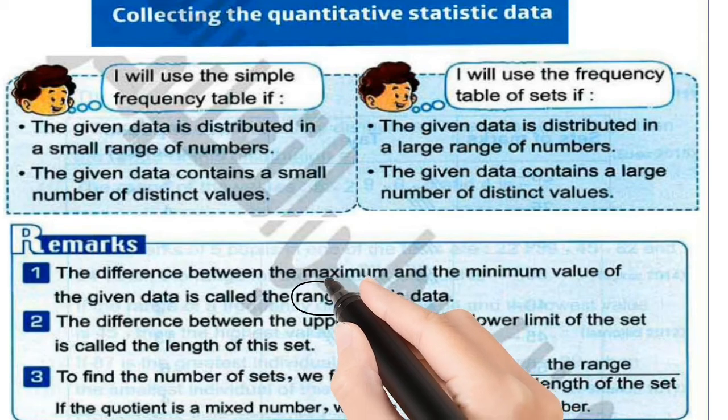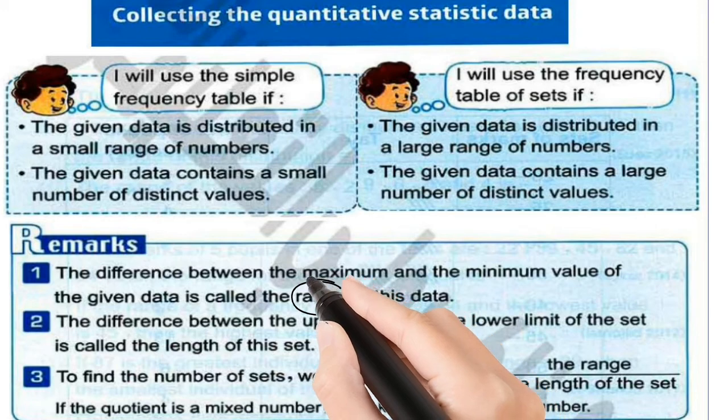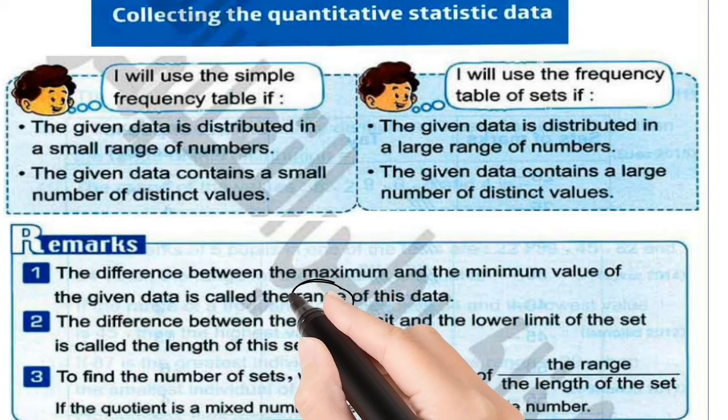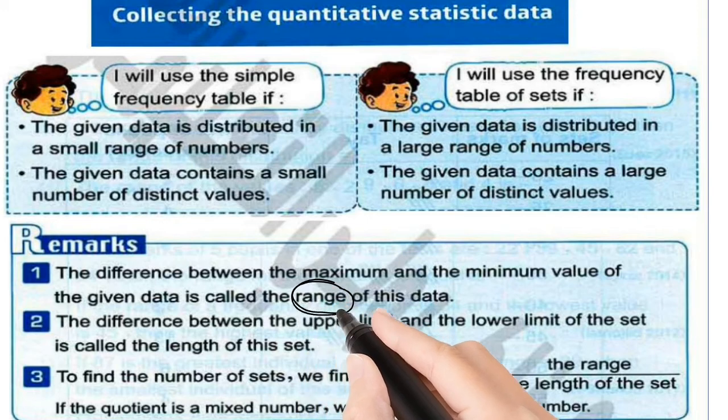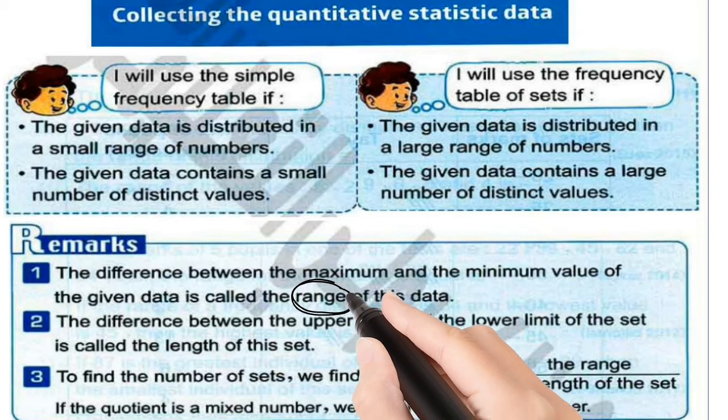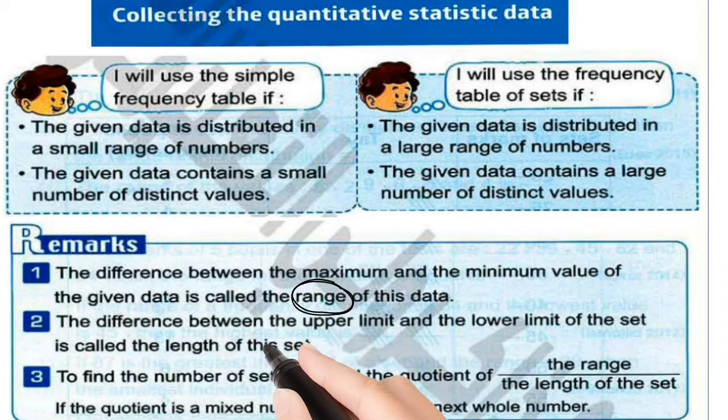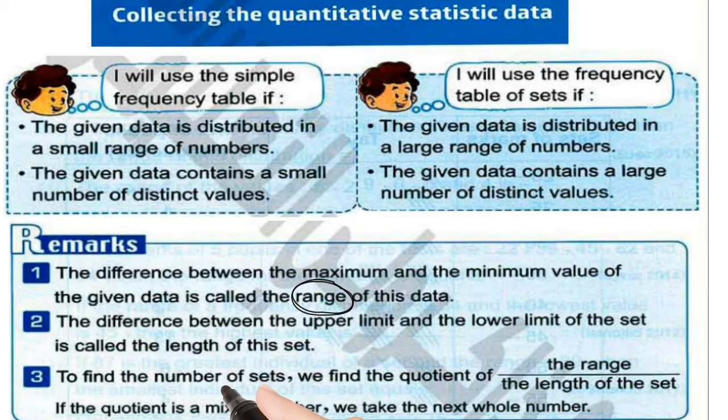The difference between the maximum and the minimum value of the given data is called the range of this data. The difference between the upper limit and the lower limit of the set is called the length of this set. To find the number of sets, we find the quotient of the range divided by the length of the set.